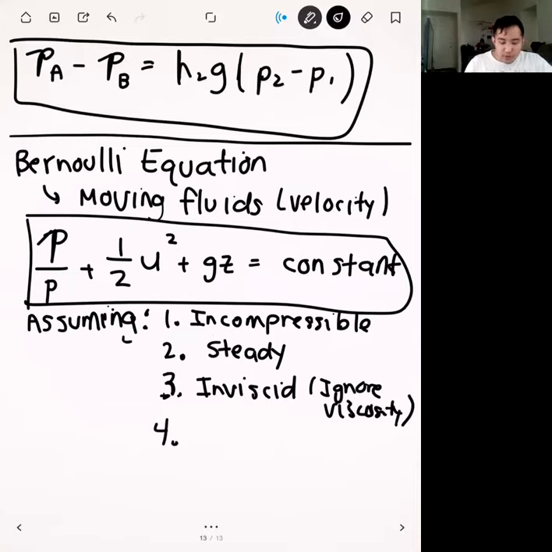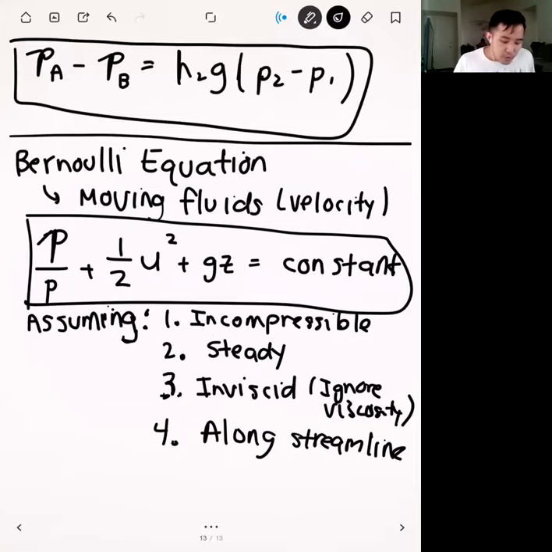The fourth assumption is that we apply this along a streamline. All that last one really means is that you apply it in the direction of the flow, so you have to apply it along the flow.